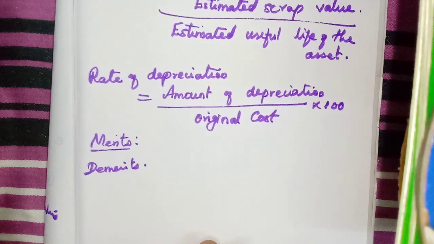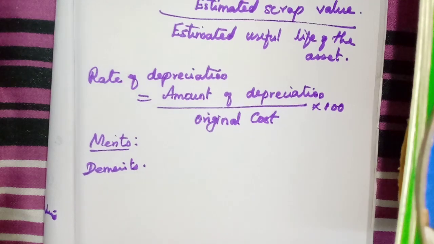So that is ignored here. So 20,000 or 1 lakh, if we have purchased machinery, we are calculating and charging depreciation. We never consider that if we purchase another asset for this 1 lakh, that amount will increase, isn't it? That we never consider.